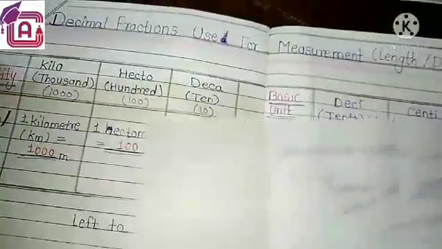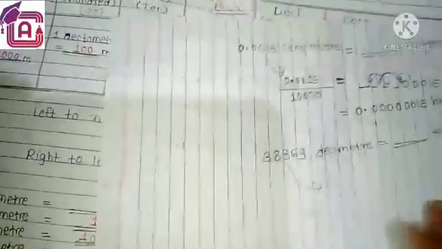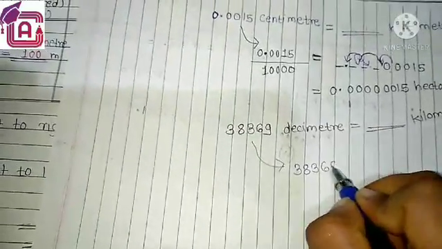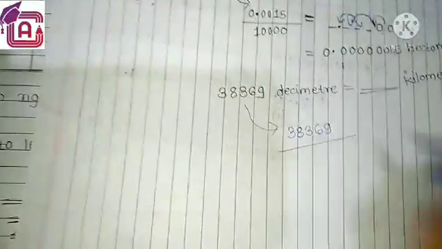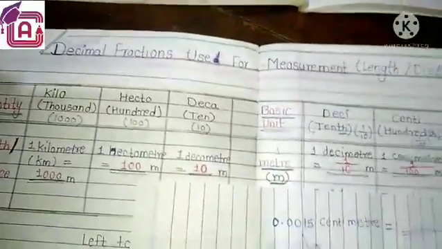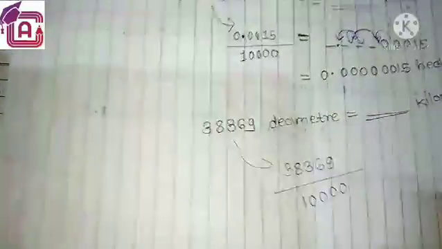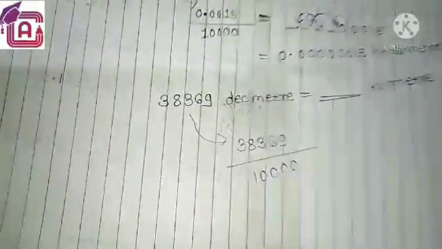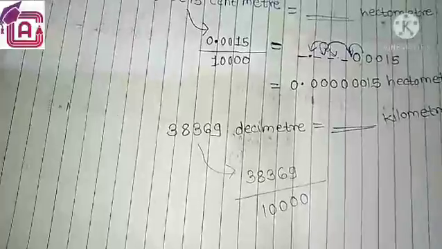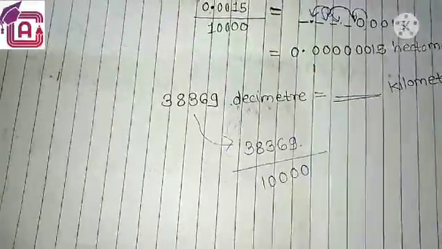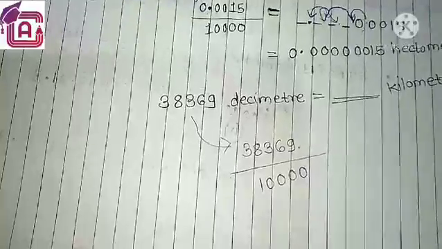So first write down the given number as it is: 38,369, division sign, and how many places are there from deci to kilo? 1, 2, 3, 4. So on the 1 we have to put 4 zeros. Now this is a simple number. Its decimal point is always present after the last digit, though not written.